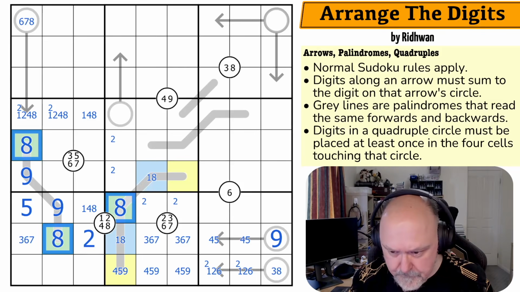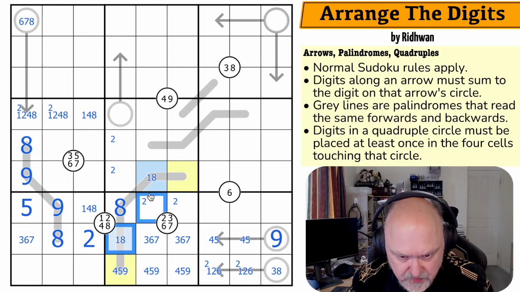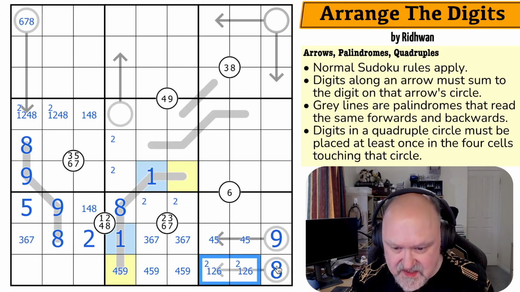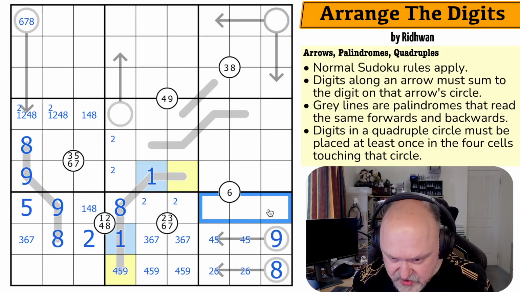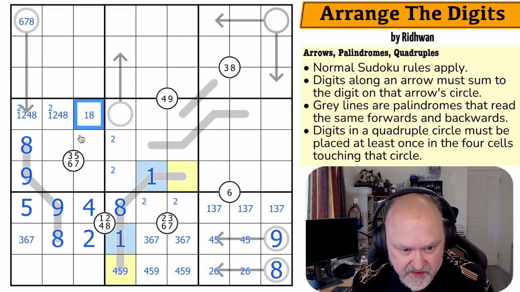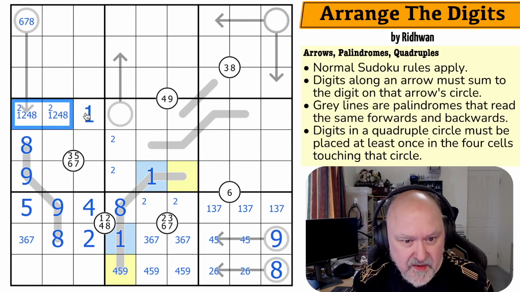So blue is 1. 8 and 8 means this is an 8 and this is 2, 6. So we know this triple. 1, 3, 7. So there's no 1 there. The 8 makes that the 4, taking 4 out of there. The 8 actually makes that the 1, and this is a 2, 4.